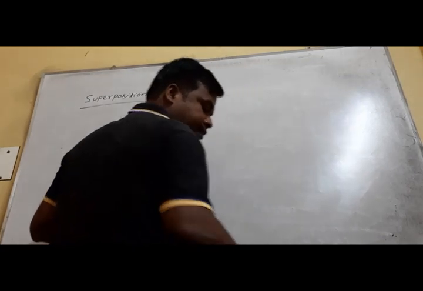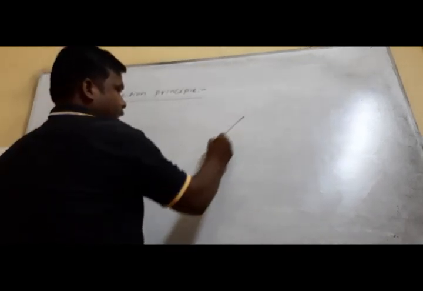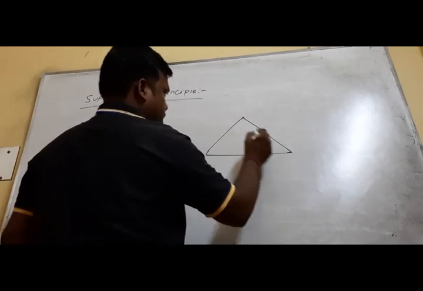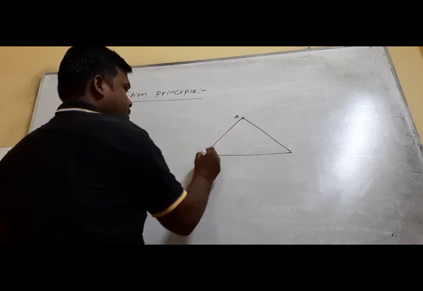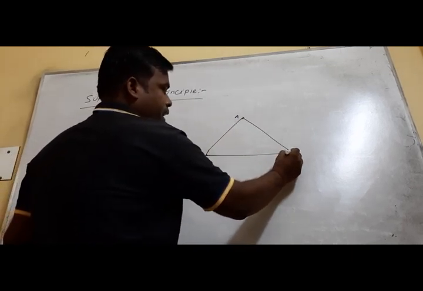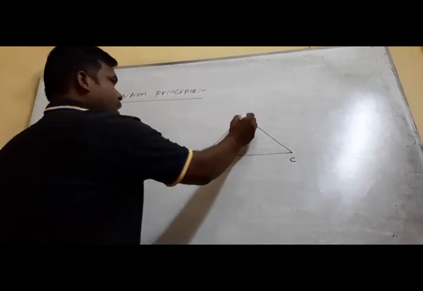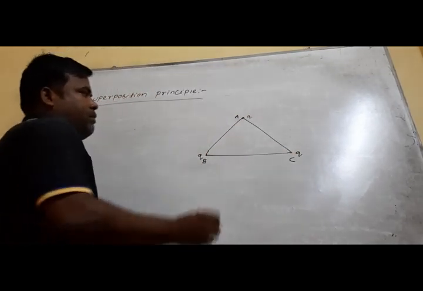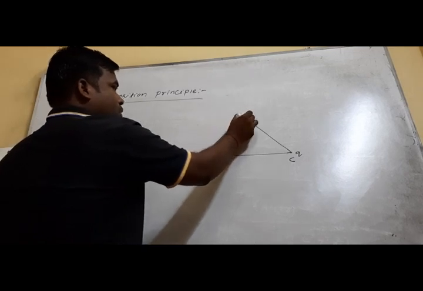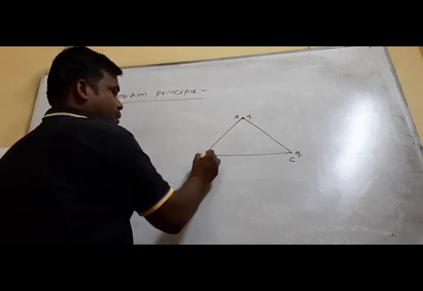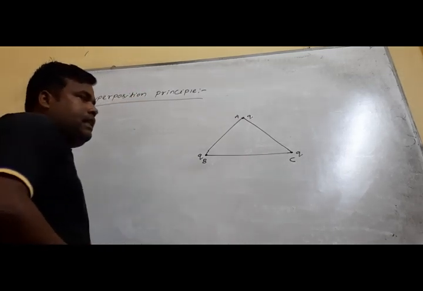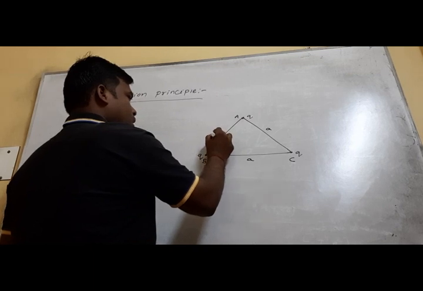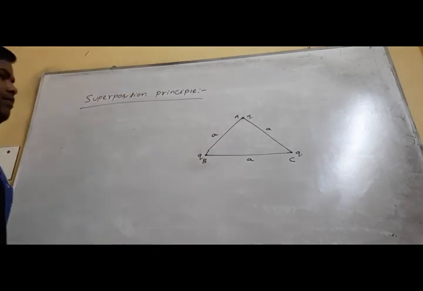You take an equilateral triangle. It is point A, point B, point C. Suppose there are three charges, each of small q, at the 3 points A, B, C of the triangle. You take each side equal to a.